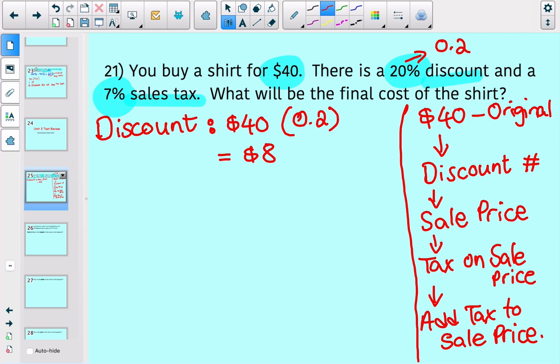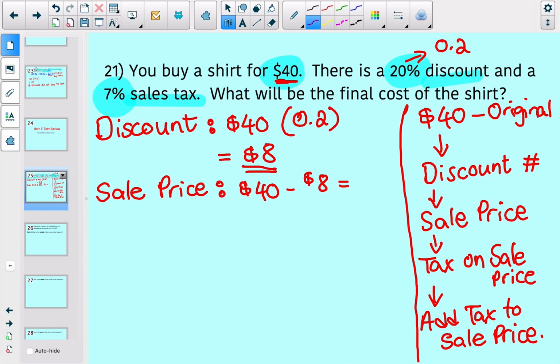Okay, now I have to take this discount amount from the original price. So my sale price is going to be $40, this is where I'm taking the money from, minus 8, and this would give me $32.